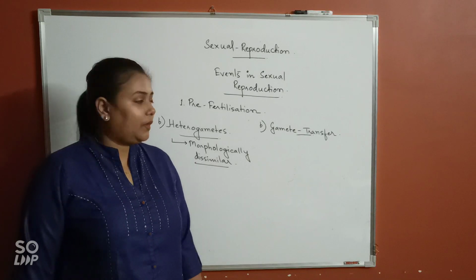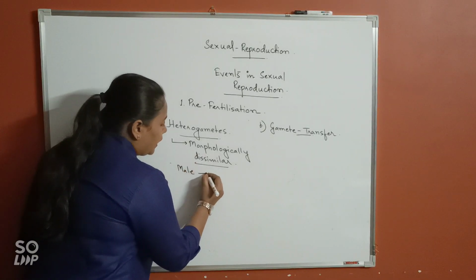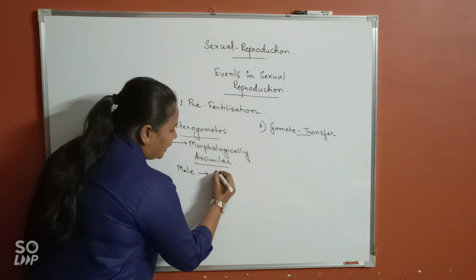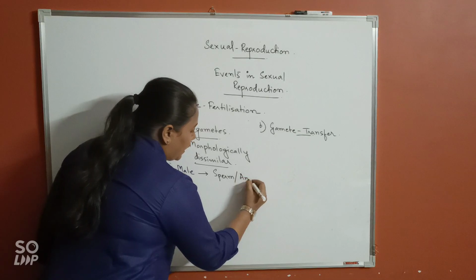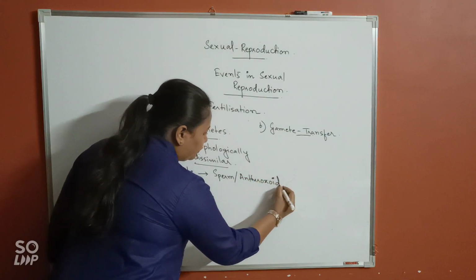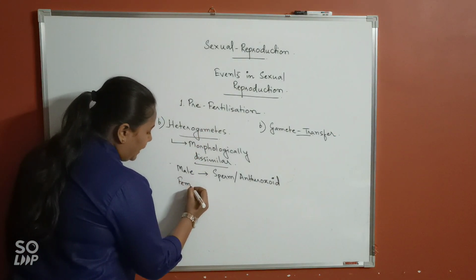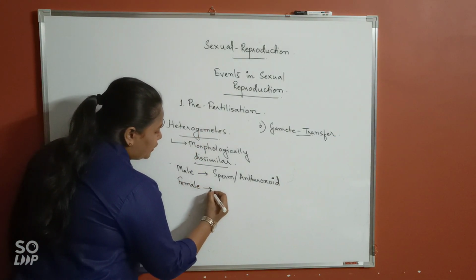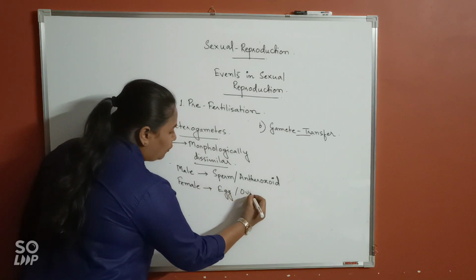Here, the male gamete is mostly termed as sperm or antherozoid, whereas the female gamete is going to be termed as egg or ovum.